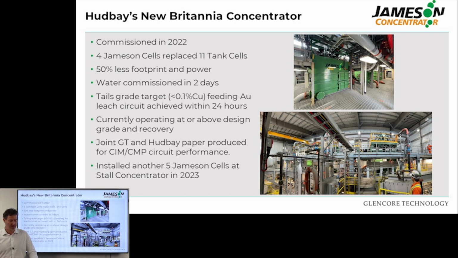This full Jameson concentrator was commissioned in 2022, and 11 tank cells were replaced by only 4 Jameson cells. It offered right away 50% less footprint and power consumption. It was commissioned very quickly and achieved its target within basically 24 hours.